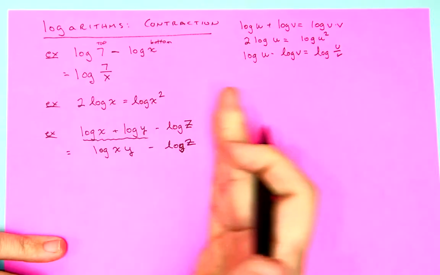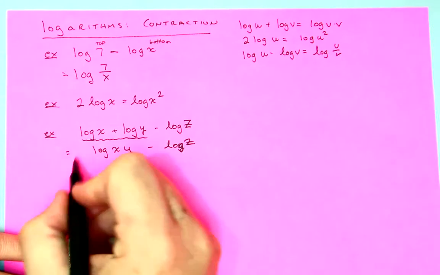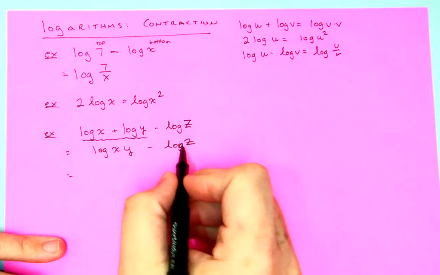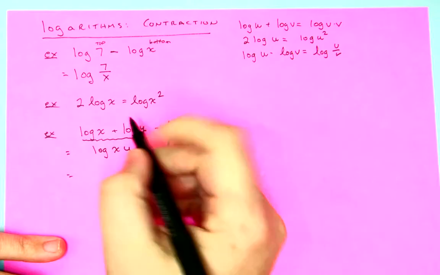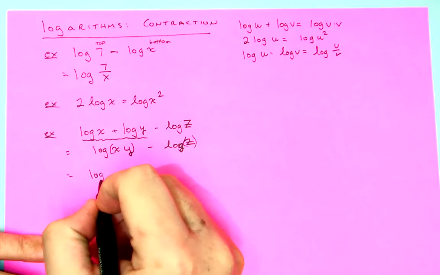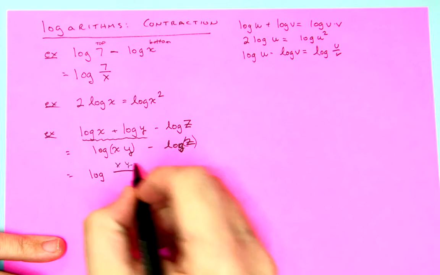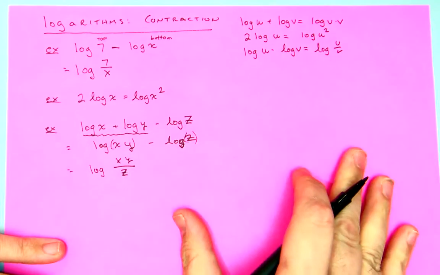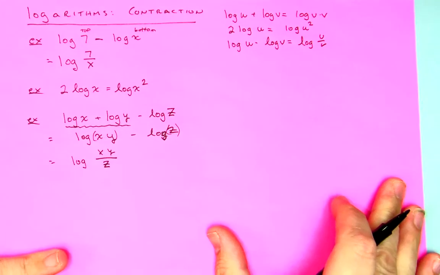So kind of go left to right. Now I have 2 logs that are being subtracted, so I'm going to divide these values right here. So I'm going to get the log of xy over z.